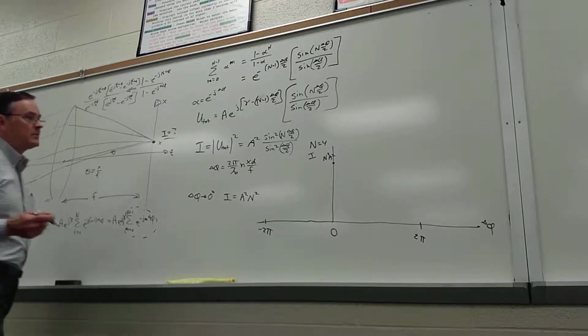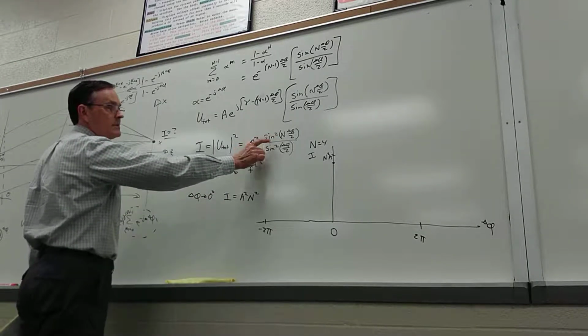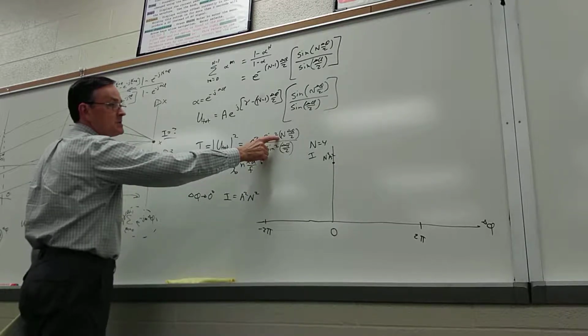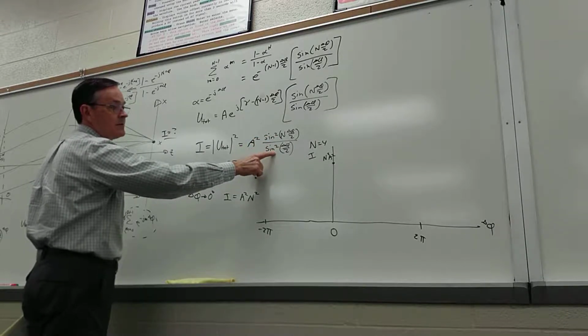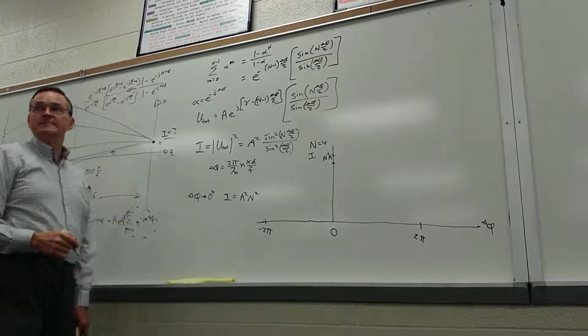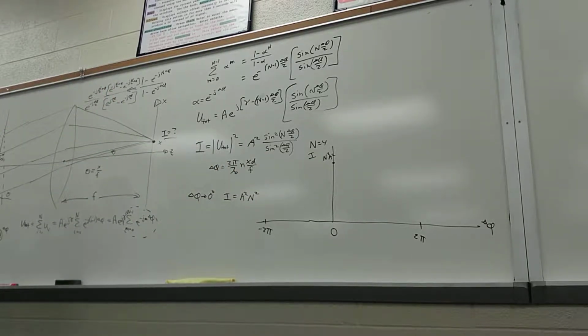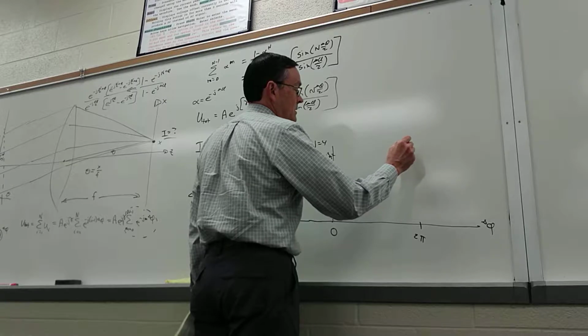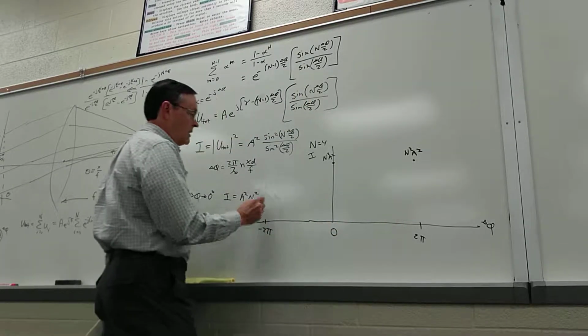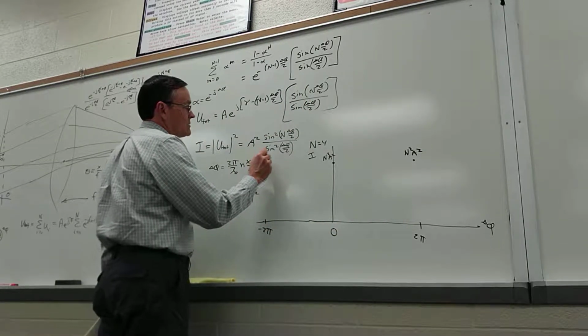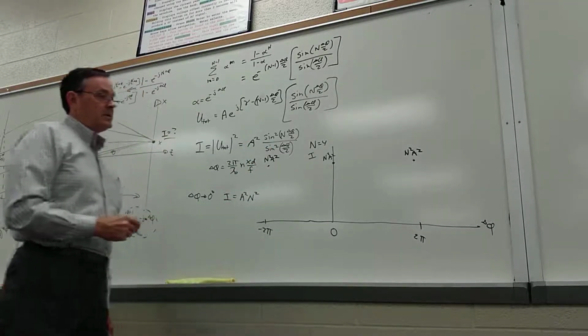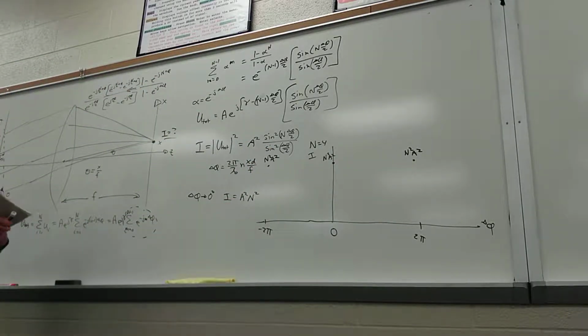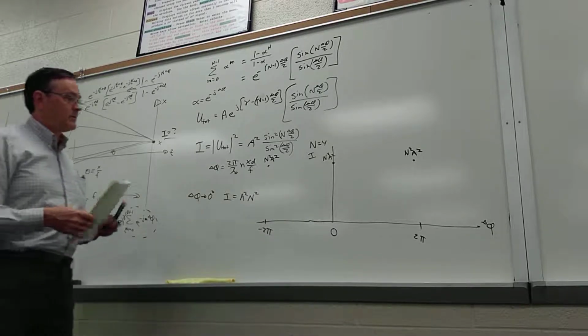When we get to 2 pi, then we've got sine of n times pi and sine of pi. Well, we're back to the denominator and numerator both being 0, and we end up with, again, n squared a squared. Likewise over here, n squared a squared. So evidently, whenever delta phi is an integer multiple of 2 pi, then we have a maximum in the interference.